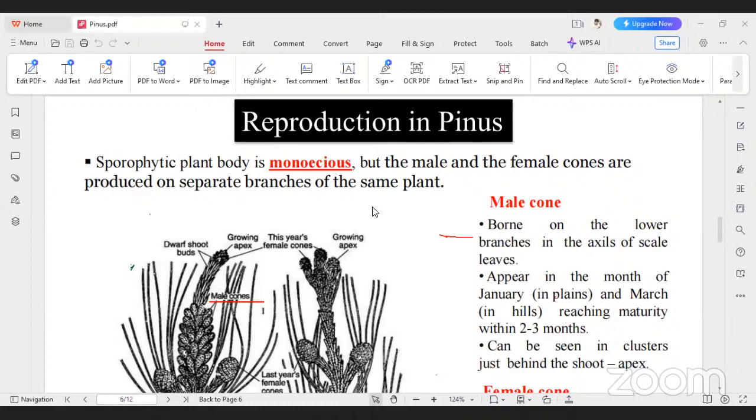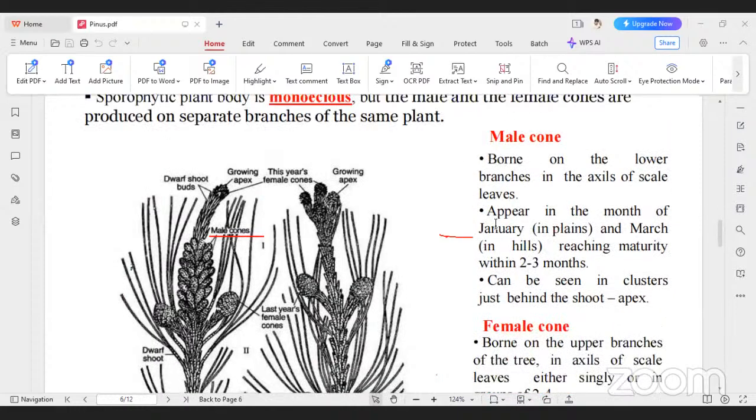Let's see first that the male cone is separate and the female cone is separate. First we discuss the male cone, later the female cone. The male cone mainly originates from the lower branches, in the axil of scale leaves, and appears in the month of January in plains, but in hill regions mainly in March, reaching maturity.